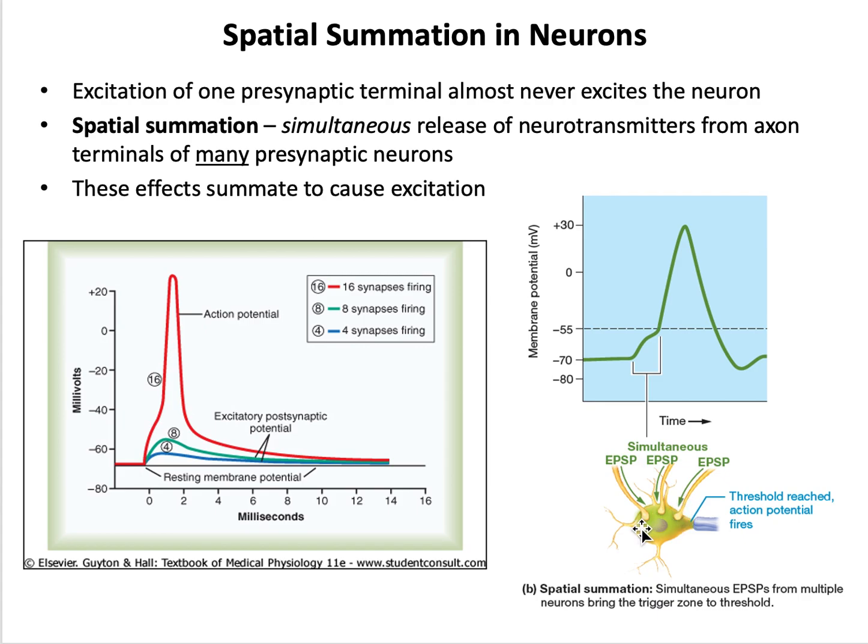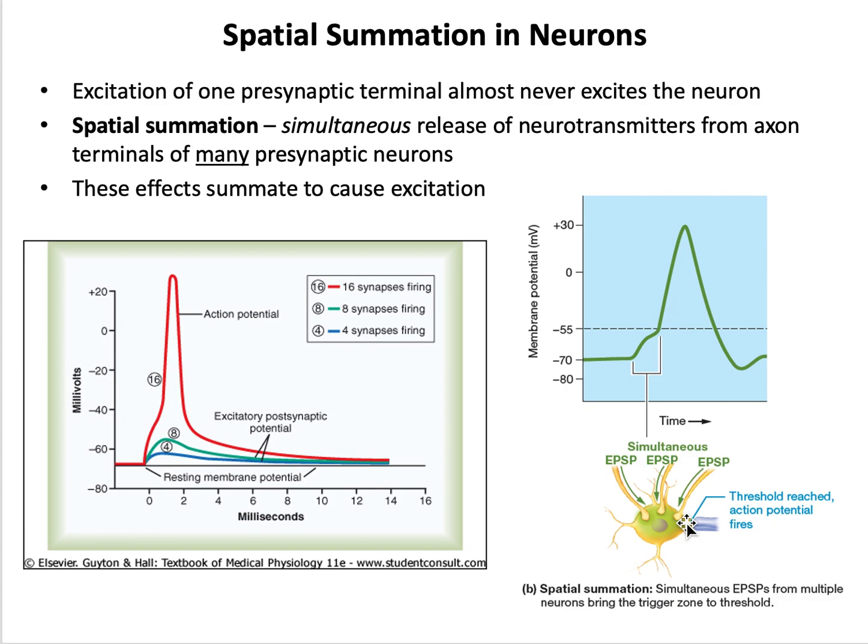So this is spatial because it's over the simultaneous release of neurotransmitters from axon terminals from many presynaptic neurons, okay? In this case, they're all sending excitatory information. And so each one of these presynaptic terminals is releasing a neurotransmitter that's going to bind to receptors that causes depolarization on the postsynaptic membrane.